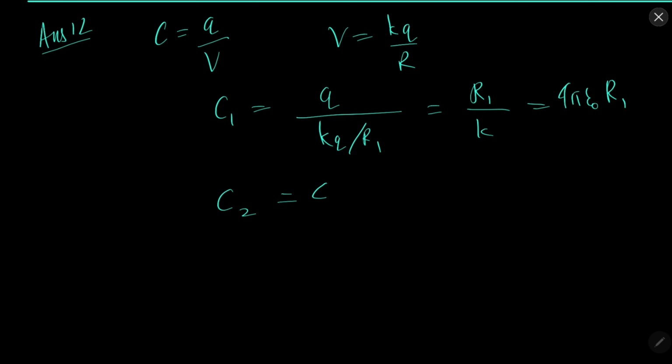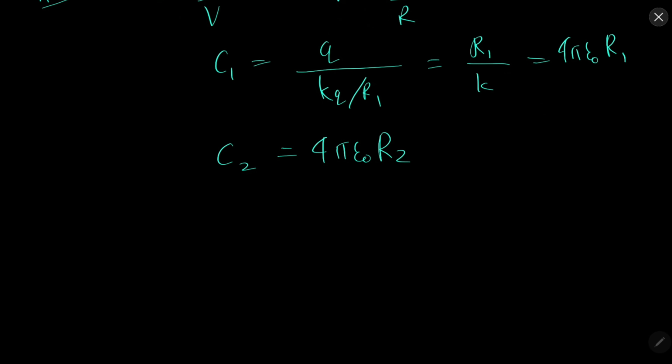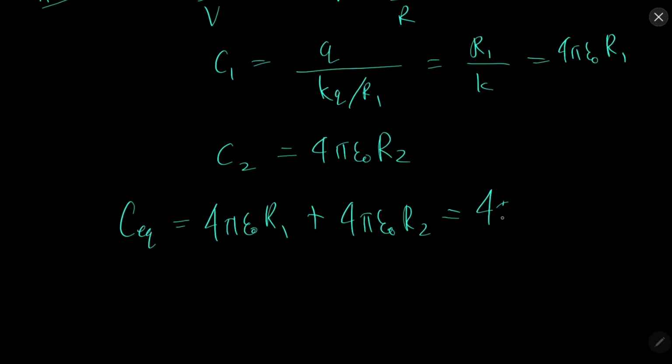C2 will similarly be 4 pi epsilon naught R2, and this is necessarily a parallel combination, 4 pi epsilon naught R1 plus 4 pi epsilon naught R2, which will give us 4 pi epsilon naught (R1 plus R2). This will be in parallel.